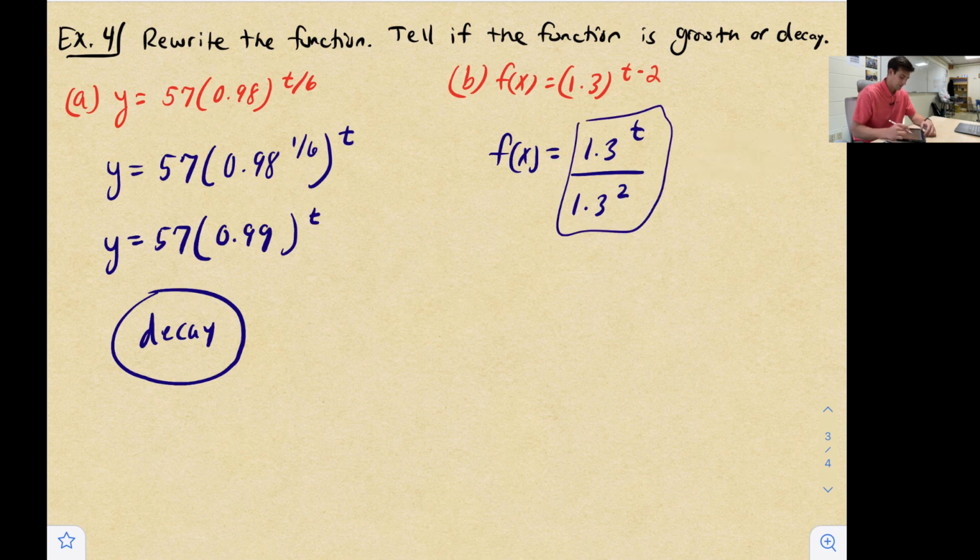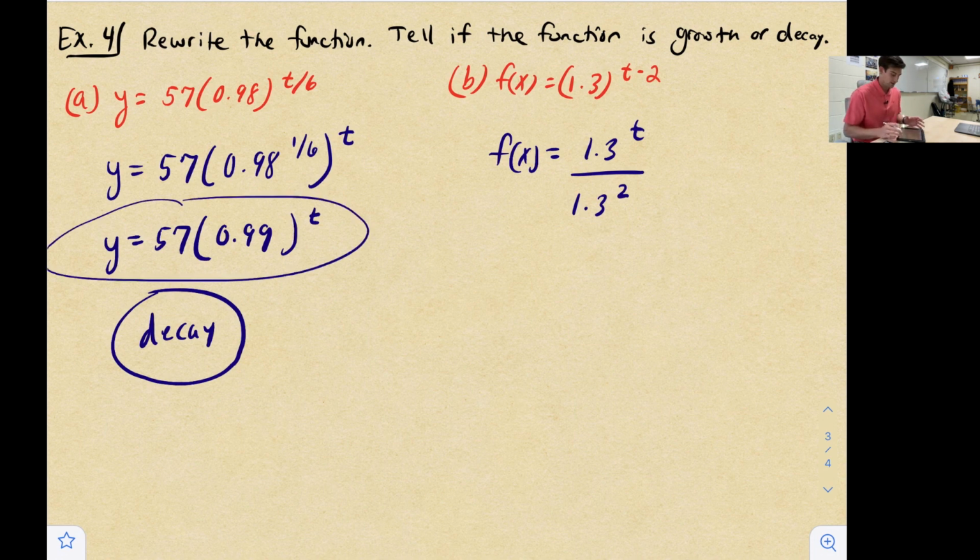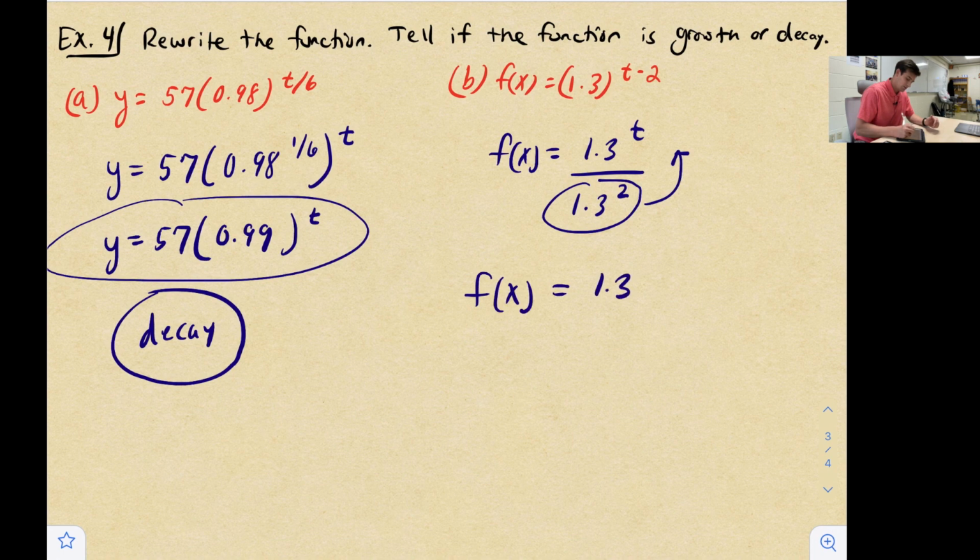So now we start here, and what we're wanting is for it to look like this over here, right? So we need that denominator not to be there. Well, if we think about exponent rules, if we have an exponent in the denominator and we want to move it to the numerator, we just make its exponent opposite. So if I want to move 1.3 squared up to the top, we need to make it 1.3 to the negative second, and then times 1.3 to the t.